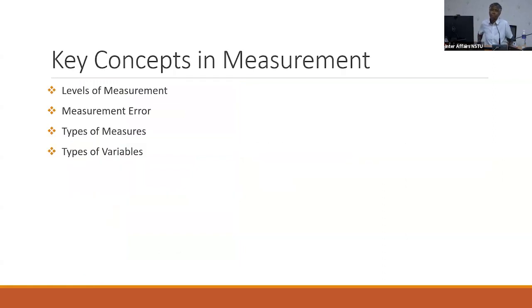Okay. Other key concepts in measurement, and this should be familiar to all of you from your measurement course, and I just want to briefly review it again here, are levels of measurement, sources of measurement error, types of measures, and types of variable.